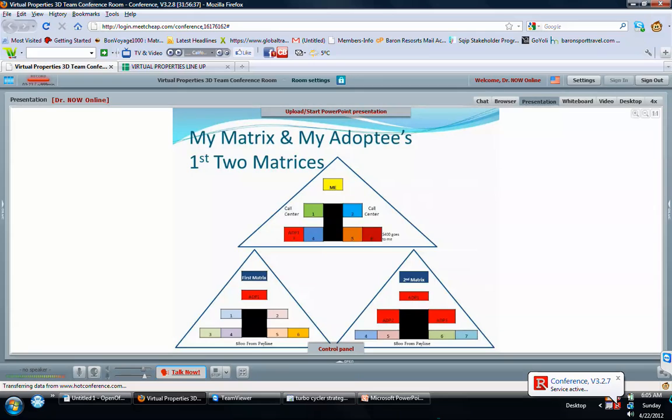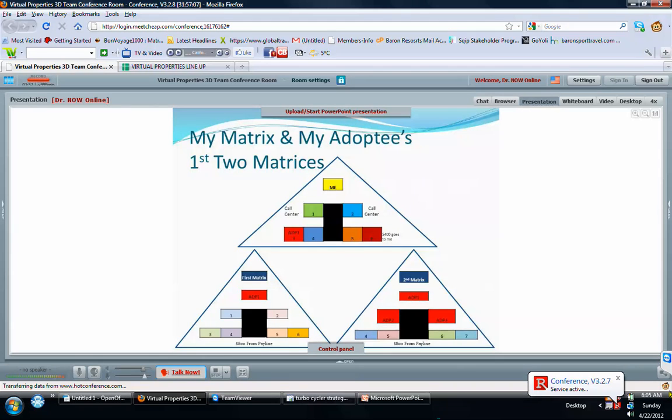Now, if you look below on the left, you see the first matrix of your adoptee. Again, there are going to be 6 people under there. Positions 1 and 2, which I will show you in a minute, will be provided by you with help from either the team spill, or you bring in a couple of people who purchase the program, or the call center.